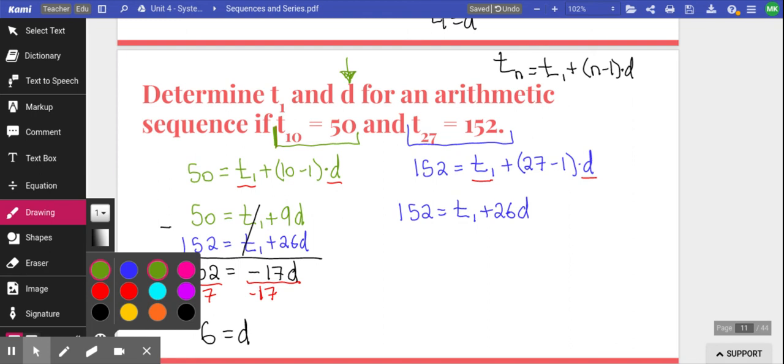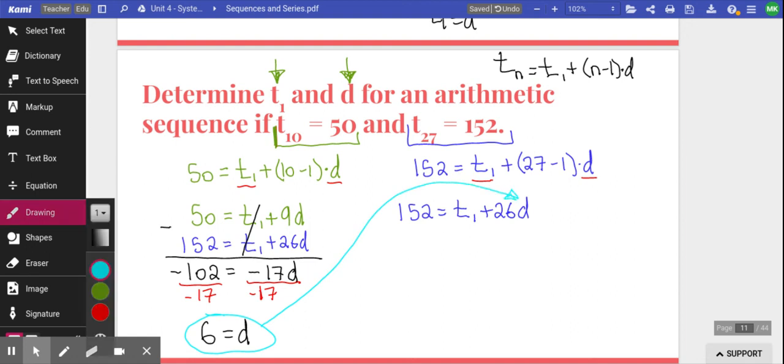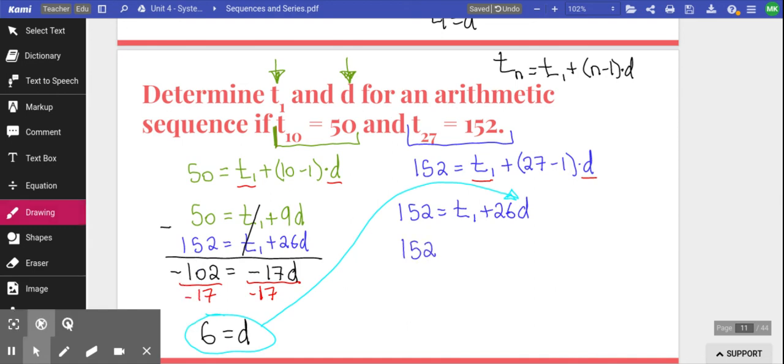The second thing it wants me to solve for is T of 1. To do that, I take my answer for D and I substitute it back into one of my equations. I'm going to substitute it in that one. And then I try to get T of 1 by itself. So I have 152 equals T of 1 plus 26 times 6.